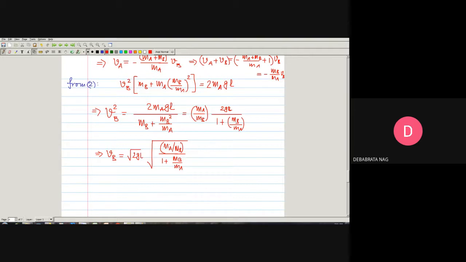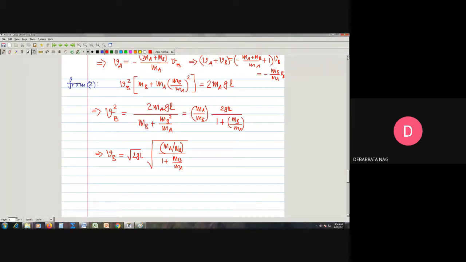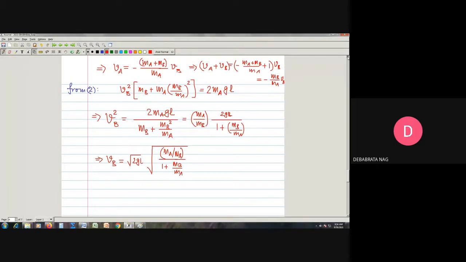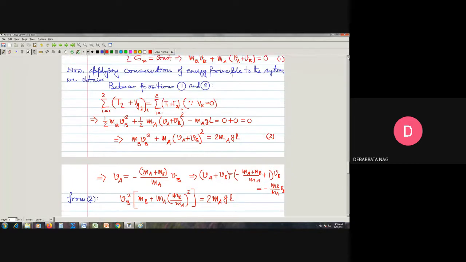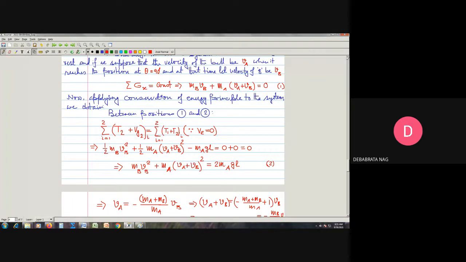I think there is some mismatch here. Let me check whether it is correct or not. This is MB by MA. So we just check this one. This is going to be this equation.